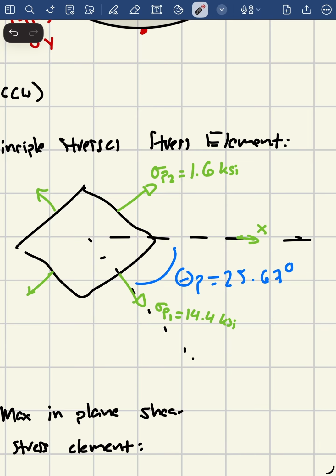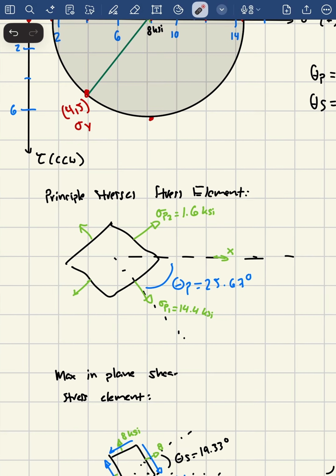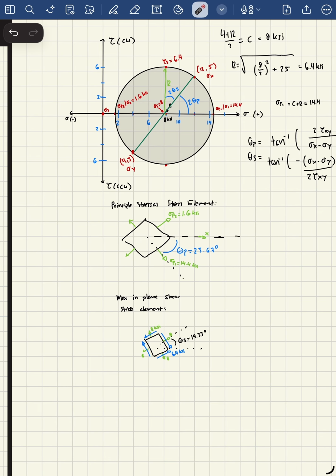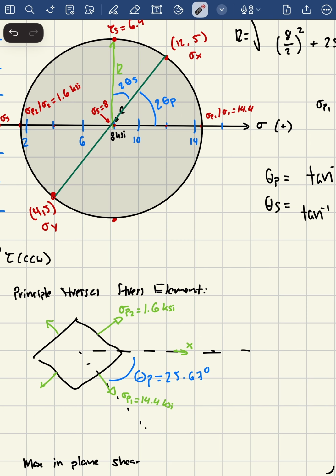And this rotation is only theta p, not 2 theta p, just theta p, which is going to be 25.67 degrees. And then we can sub in sigma p1, or the principal stress 1, is going to be 14.4 ksi, as we already found, which is in tension because all these values are positive. And then sigma p2 is going to be 1.6 ksi.